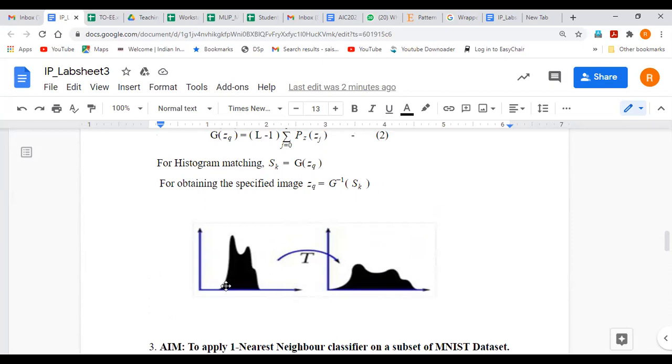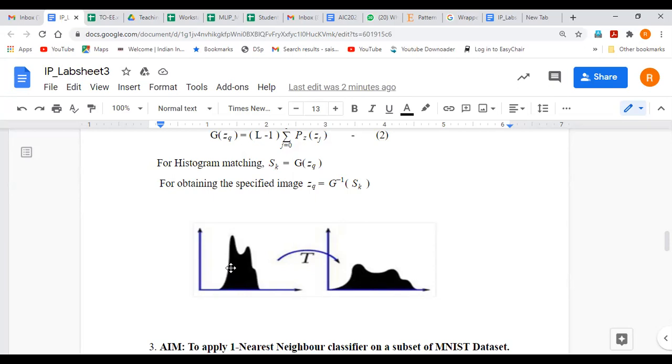Then the count at 1, the first non-zero intensity here, is very high. In the cumulative distribution function this count may be somewhere here only, so this intensity is replaced by that one. So in the CDF we start from the first intensity and see this CDF value, where it matches closely in the second CDF.